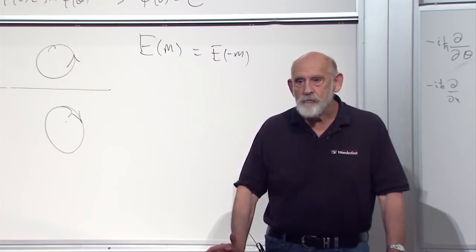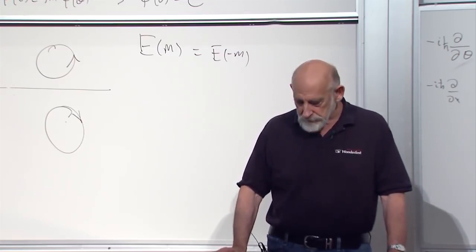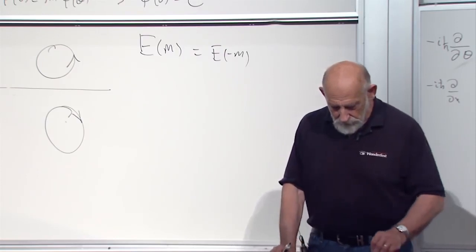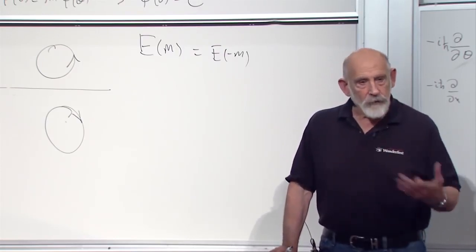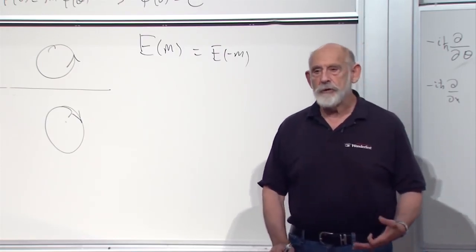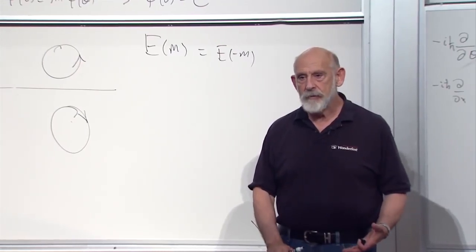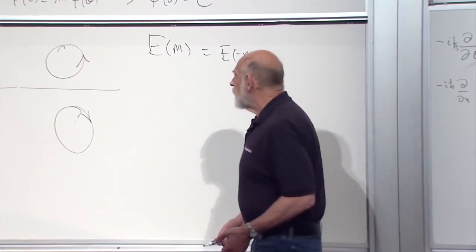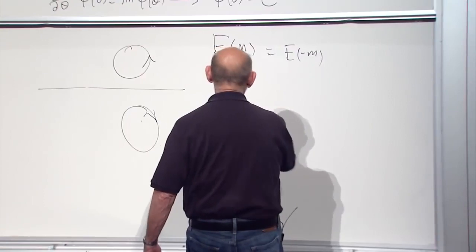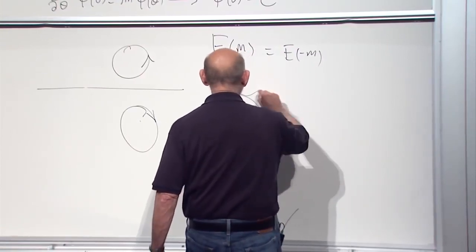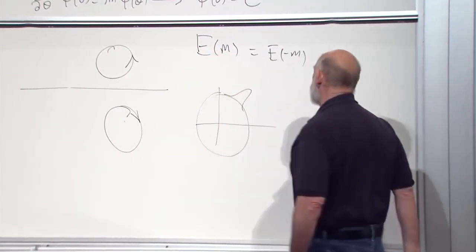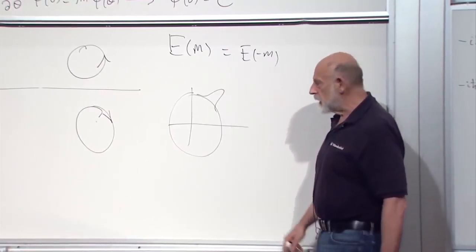It's just wrong. A function of theta is not the same as a function of minus theta. For example, here's a function of theta. The probability is concentrated over here.